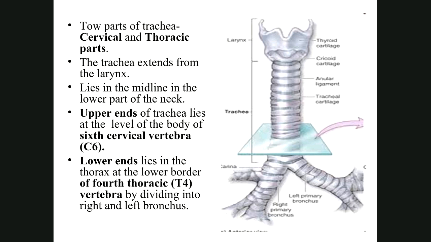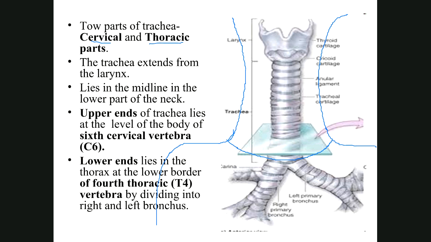Next. The trachea has two parts: one is cervical and another one is thoracic. See here the division I am showing. I will draw here. This is the neck. The neck will finish here.